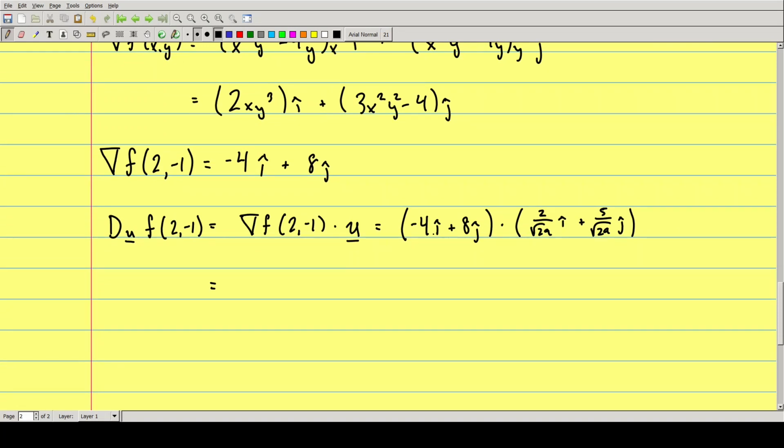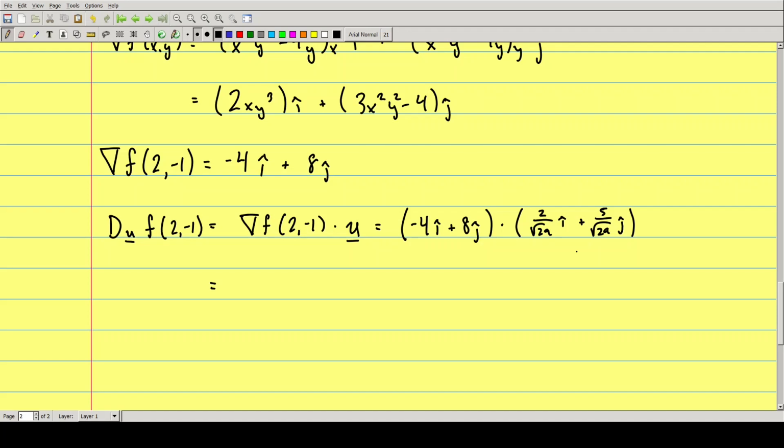So what we're going to get here is -4 times 2 to give us -8, plus 8 times 5, which is 40. So that's going to give us 32 in the numerator.